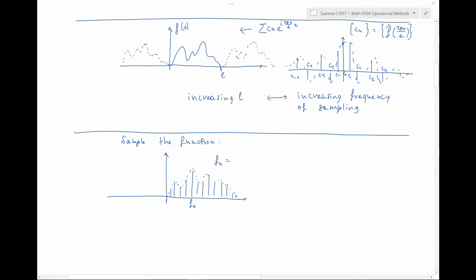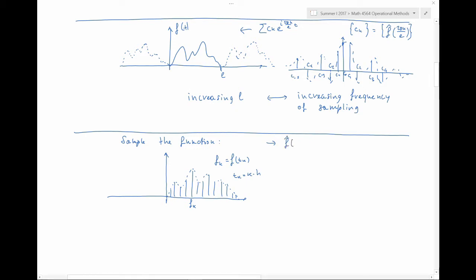So a sample fk is a function at some predetermined time tk, and tk is just a multiple of the little distance from 0. So if h is the interval between the samples, then the kth sample is just k times h. So if we sample the function, then we can create a periodic representation of the Fourier spectrum.